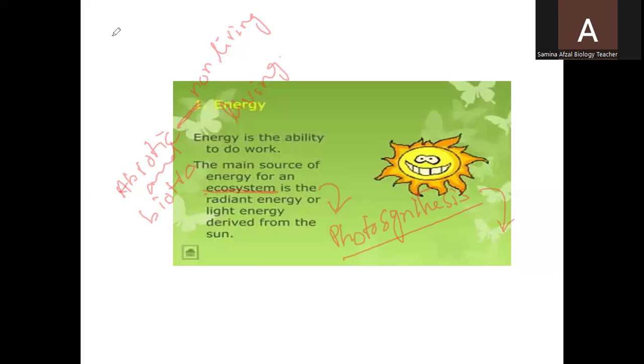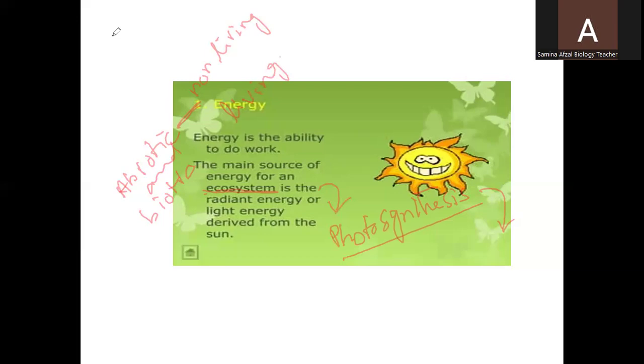Only the producers on this earth, the green plants, are able to manufacture food by the process of photosynthesis. All other living organisms depend on photosynthesis. So photosynthesis is the only process.